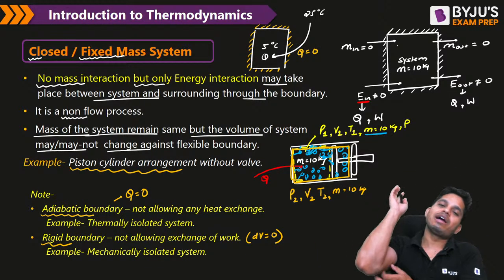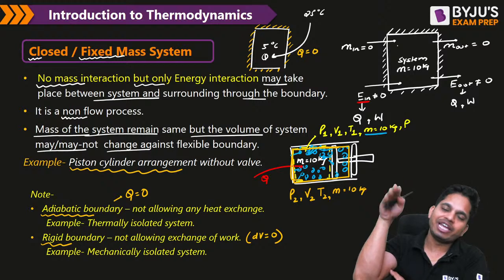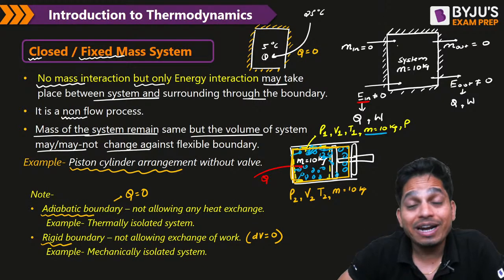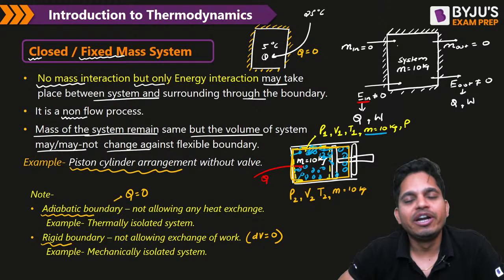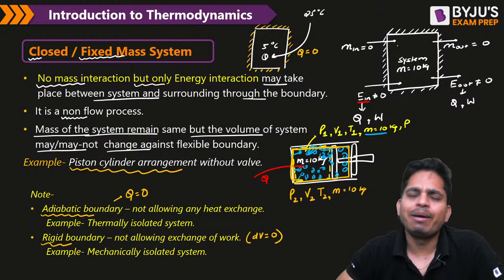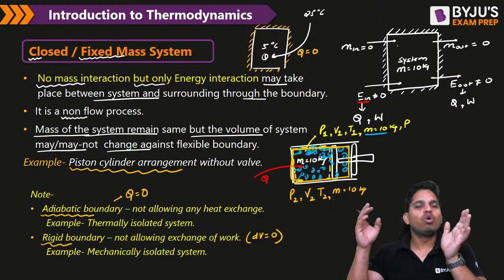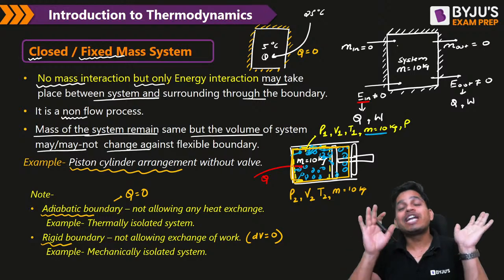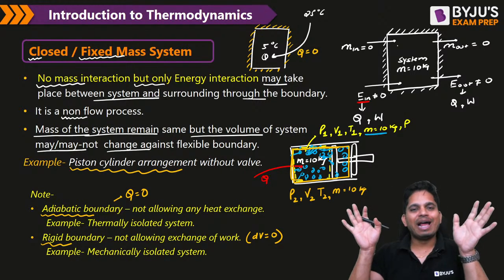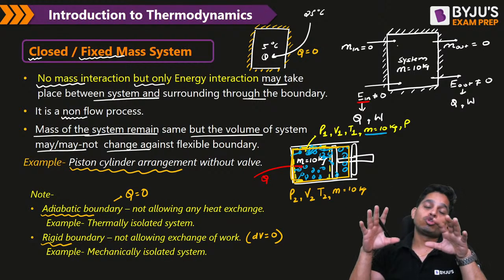Earlier a lot of heat would keep flowing, but if you insulate it, it will reduce the amount of heat transfer. It will not be 0, of course, I am just giving you a value. But if you have done a perfect insulation, then you can reduce this to 0. So you can say adiabatic.